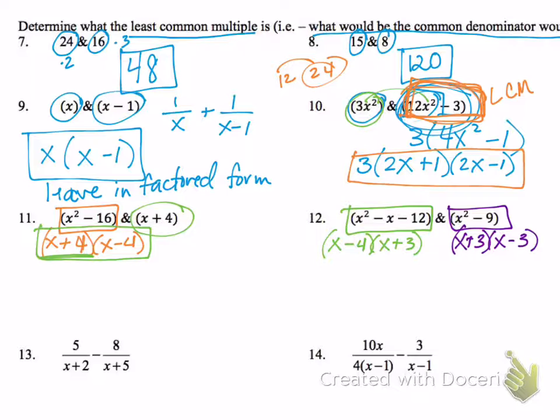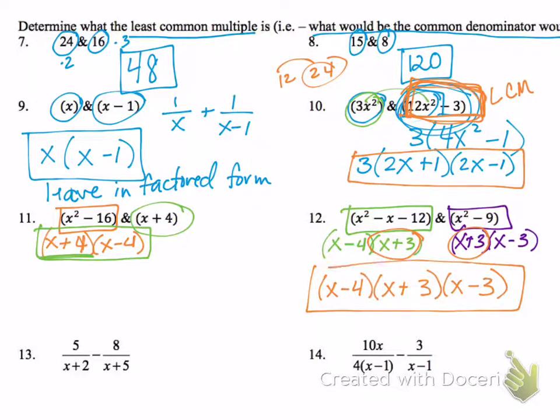There's one that I have in common, and I only have to write that once. So which one is repeated in both of them? x plus 3 and the x plus 3. I only need to write that one time whenever I'm doing least common multiple. So my least common multiple would be x minus 4, x plus 3, x minus 3. I only need to write the x plus 3 one time since it's contained in both parts, both the left and the right.